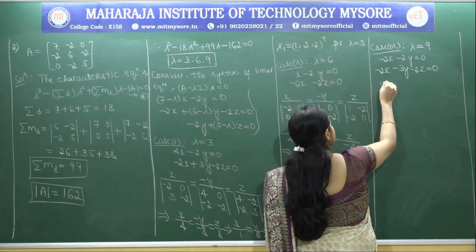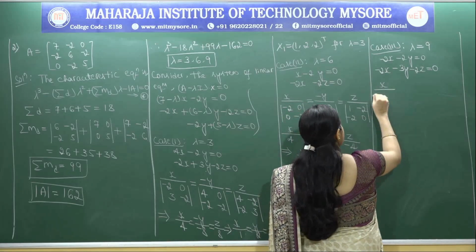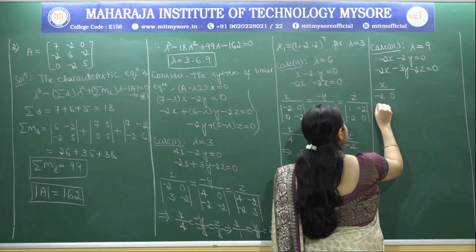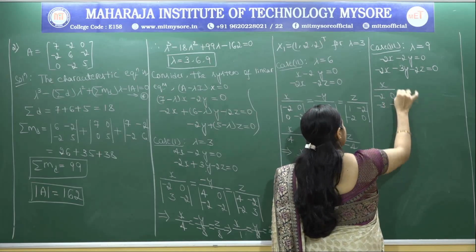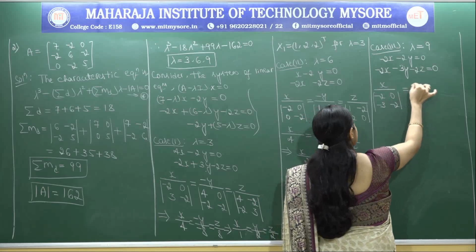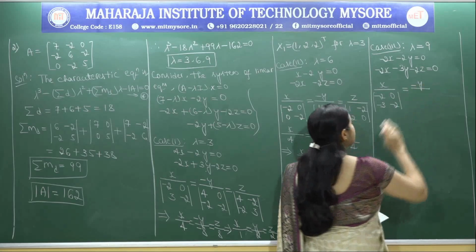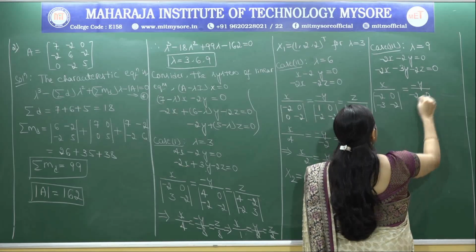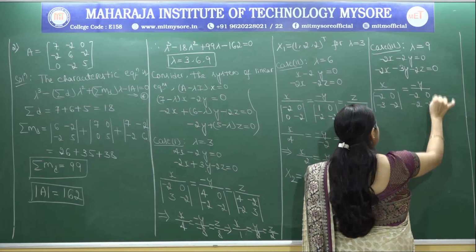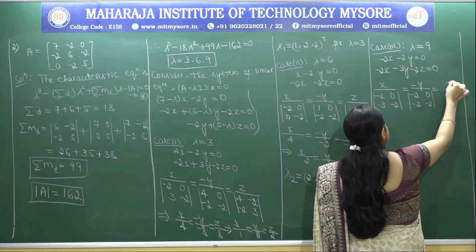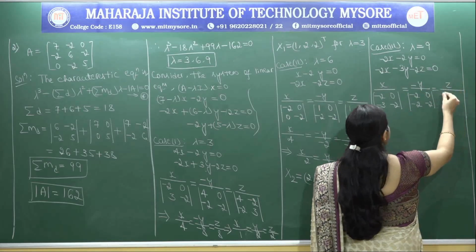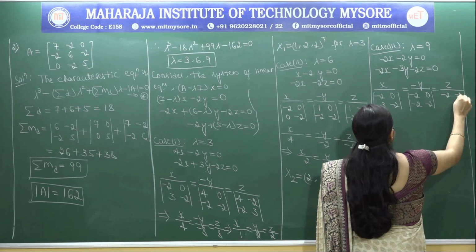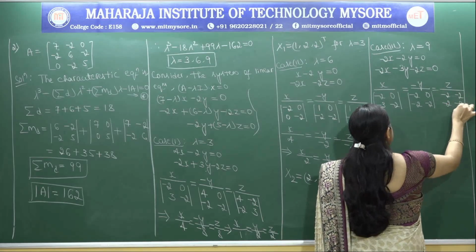Next, using cross multiplication, first consider the y and z coefficients, get the -2. Second, minus y divided by, consider the x and z coefficients: -2, 0, -2 and -2. Third, z divided by, consider the x and y coefficients: -2 and -3.